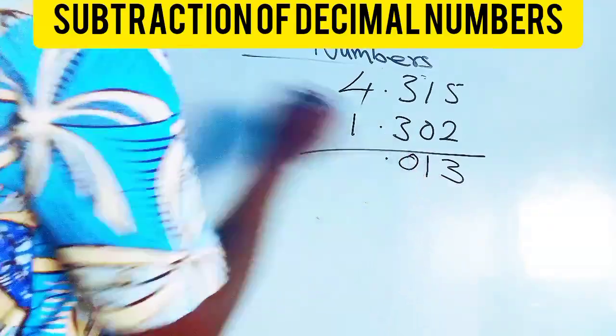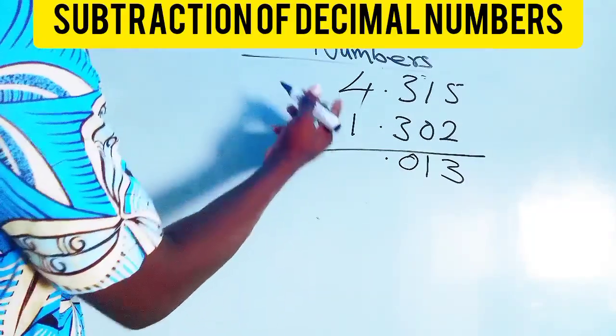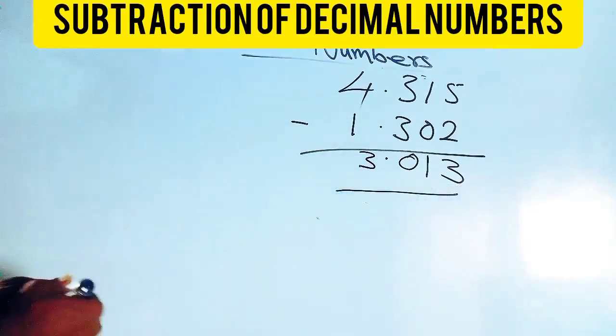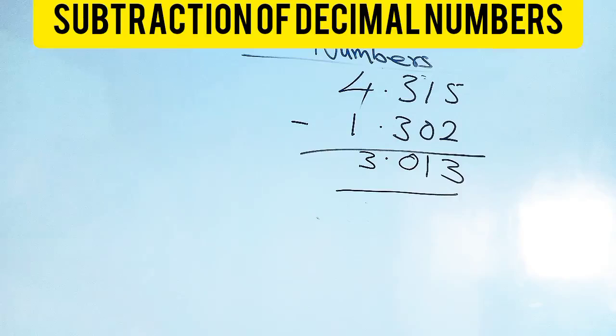Then you bring your decimal point. 4 minus 1 will give us 3. Therefore, 4.315 minus 1.302 is equal to 3.013.